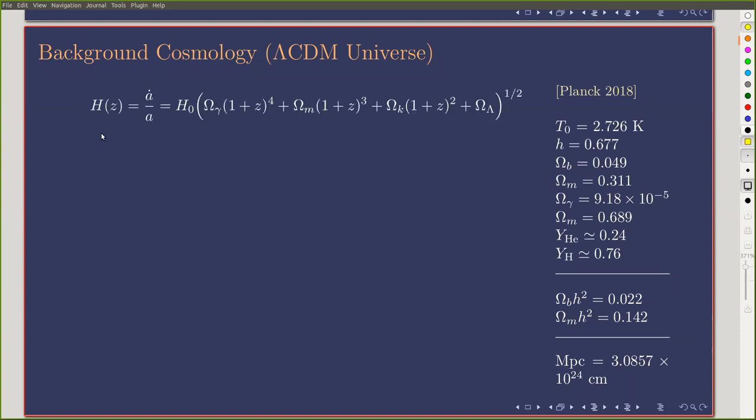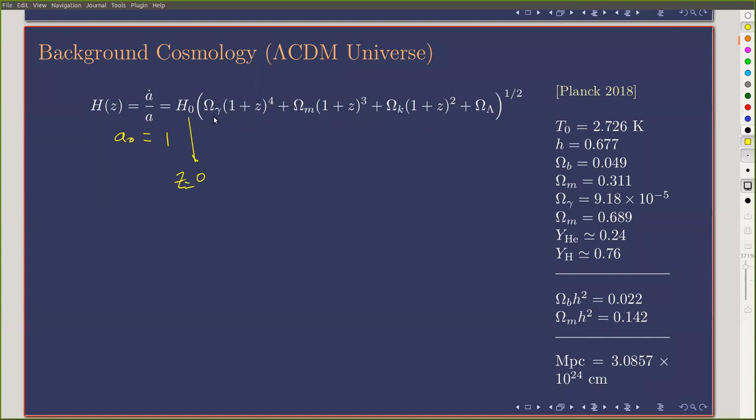Beginning with the Hubble constant equation, we have the scale factor a, and we normalize it to be 1 at present. Here we have the value of the Hubble constant at present. I'm also going to be talking in redshift, so the redshift at present is 0.